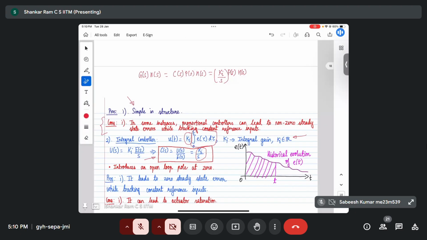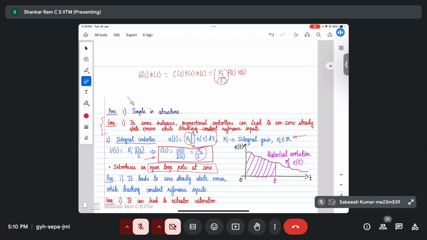As we know, the poles of the open loop transfer function are called open loop poles, and the zeros of the open loop transfer function are called open loop zeros, right? So, as soon as we use integral control, we see that we have an s term in the denominator of the open loop transfer function, and consequently, we introduce an open loop pole at 0. Okay, so we'll see the consequences later on.